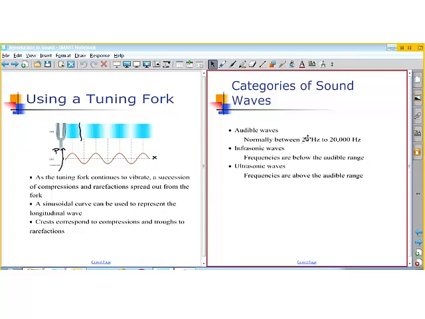Maybe elephants might do really low frequencies. Then above the audible range, above 20,000 hertz, things like bats or ultrasonic sensors to look for distance use higher frequencies, so we can't hear them, but they still have some use.